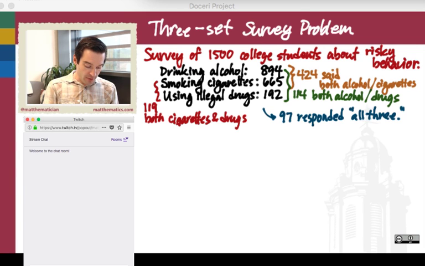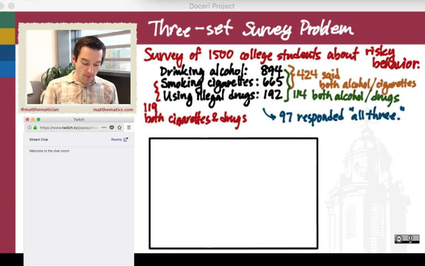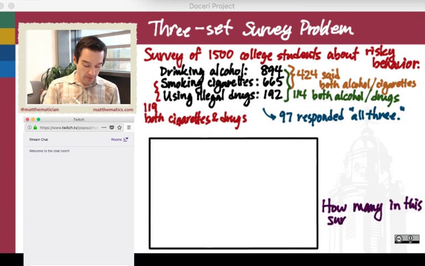Then what I probably want to do is understand just how many students are involved in risky behavior in general. So let me pose that as the question. So how many in this survey are engaged in one or more of these behaviors?